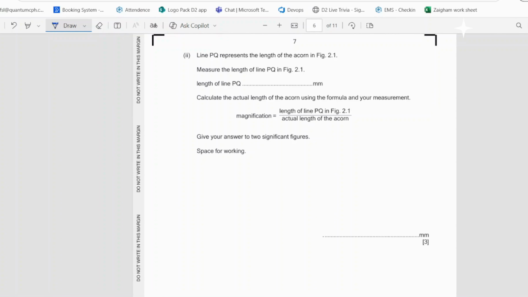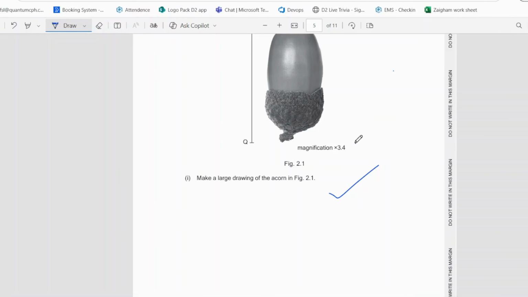Okay, so it would be 114. Okay, now you have to calculate the actual length. What's the magnification given? The magnification is 3.4.